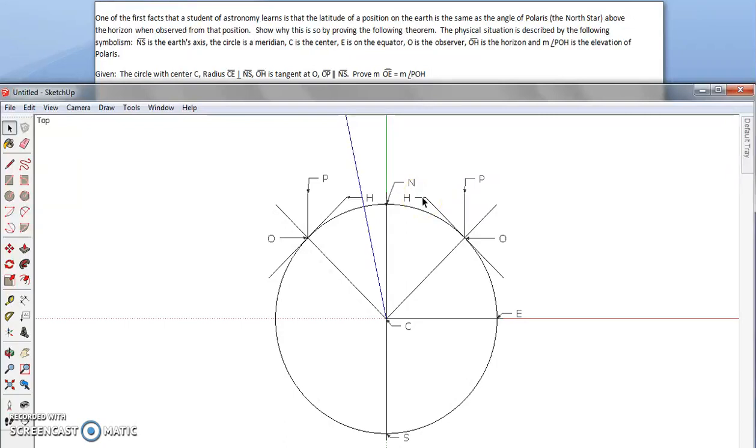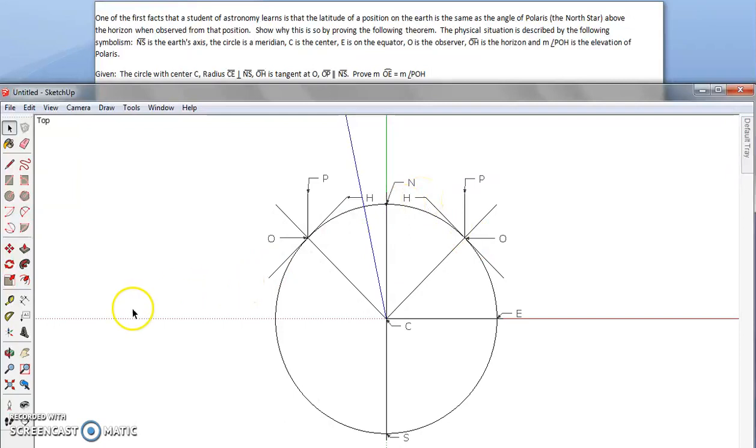Now, given the circle with center C, radius CE is perpendicular to NS, OH is tangent at O, that's also 90 degrees here, OP and NS are parallel. Prove that M, the measure of OE, which is OCE, is equal to the measure of POH.